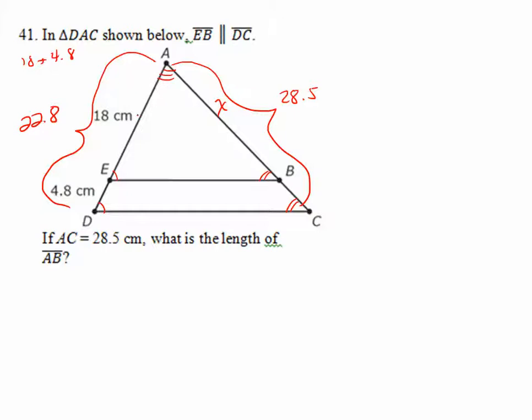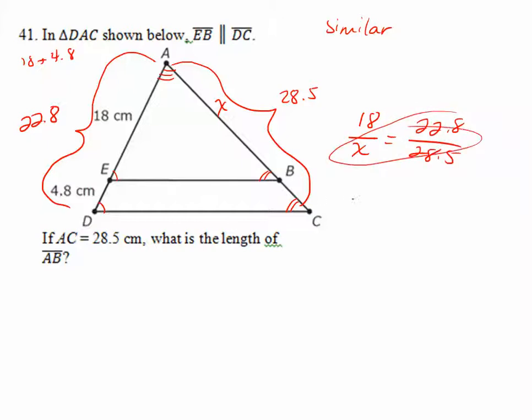And then I know this short length is 18 and this is the length I want to find. So again, if they're similar triangles, I set up a ratio. So my ratio is going to be 18 over x, this side over this side, equals this long side over this long side. So 22.8 over 28.5.